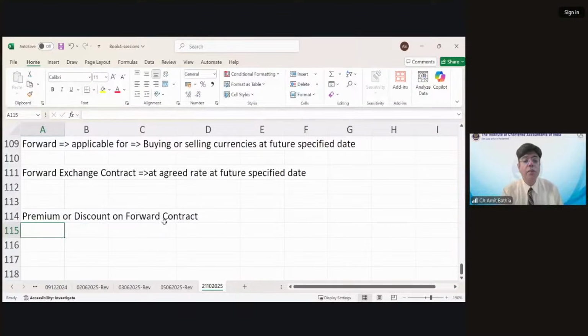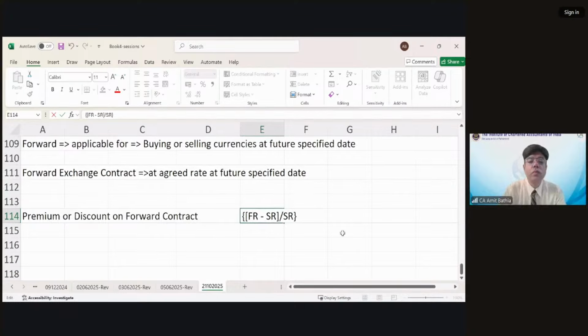So my calculation would factor in the forward rate: forward rate minus spot rate, upon spot rate, multiplied by 12 months.